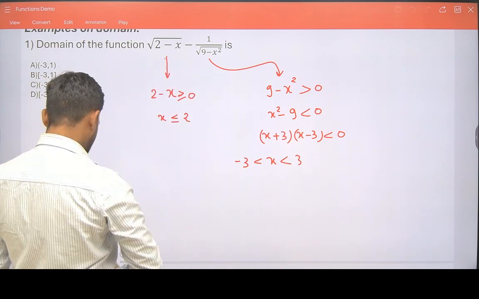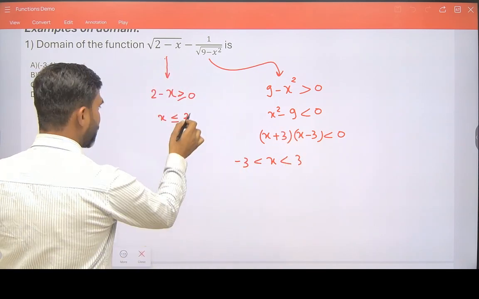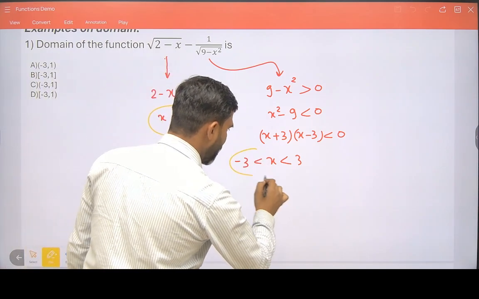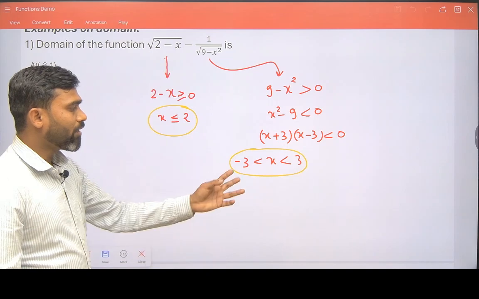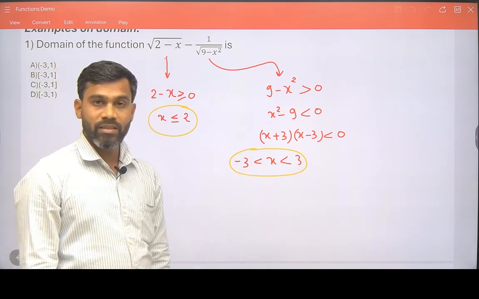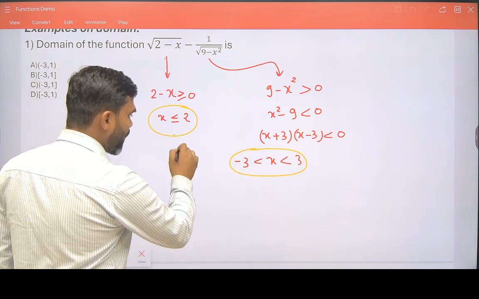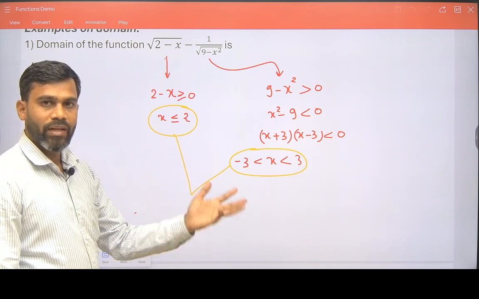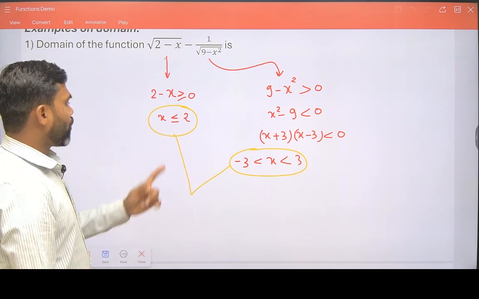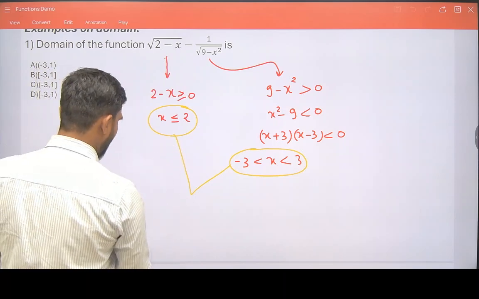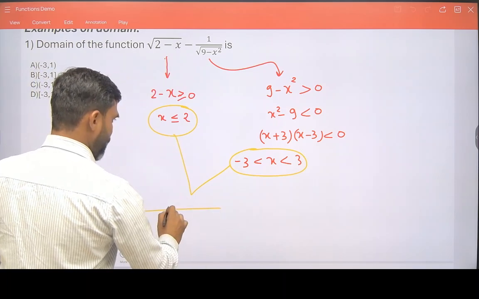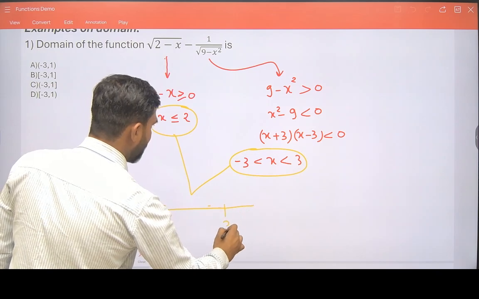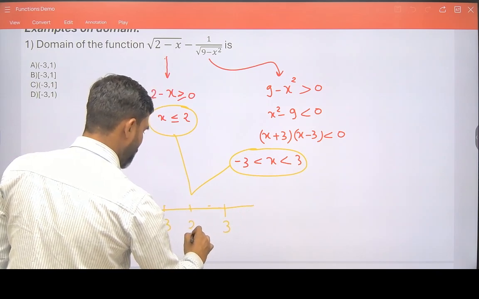So now we have x less than or equal to 2, and from the second part we have x lies between minus 3 and 3. So we have to take the intersection of both the answers in order to find the final answer, right? We can use the number line. So this is minus 3, this will be 3 here, and this is 2, right?